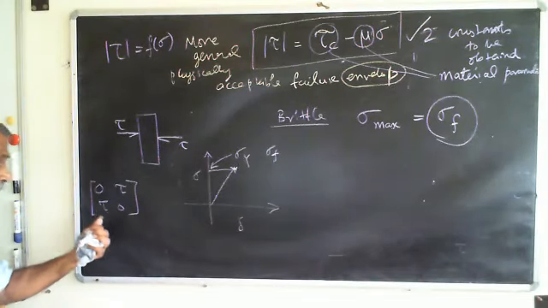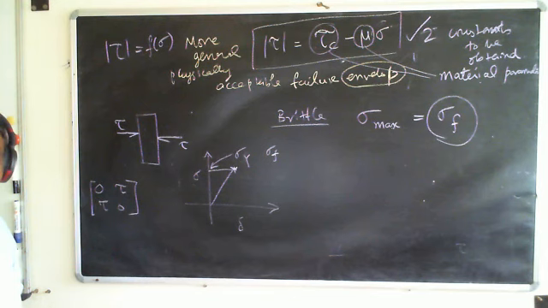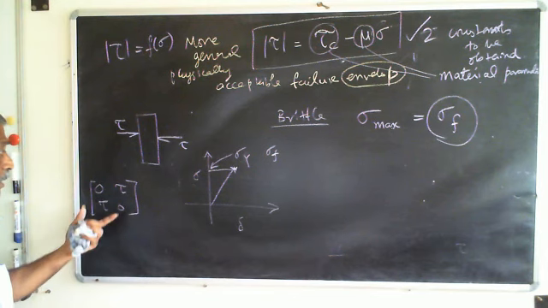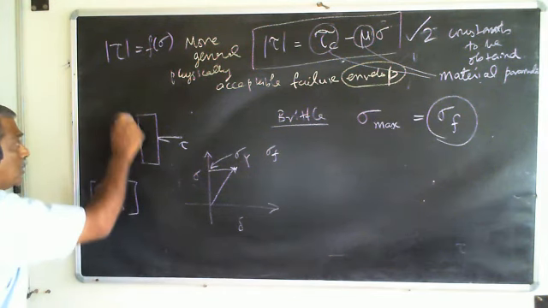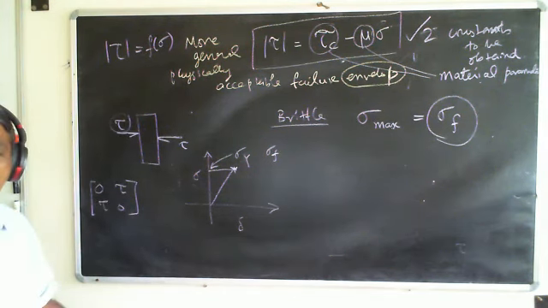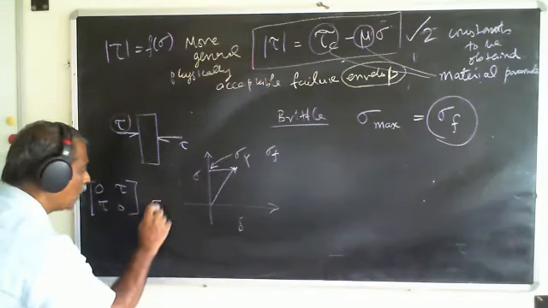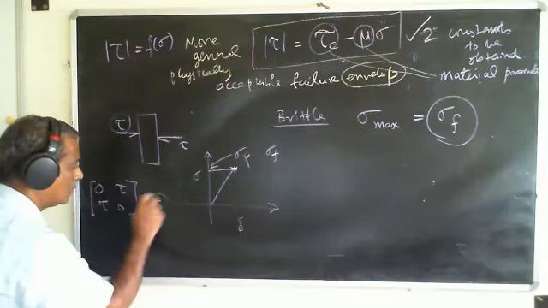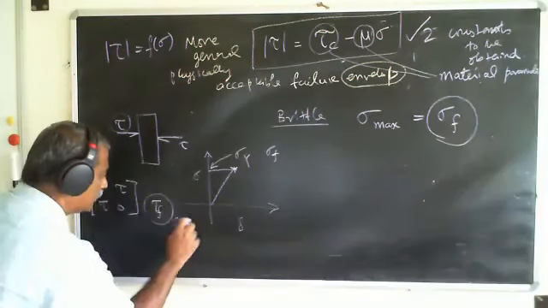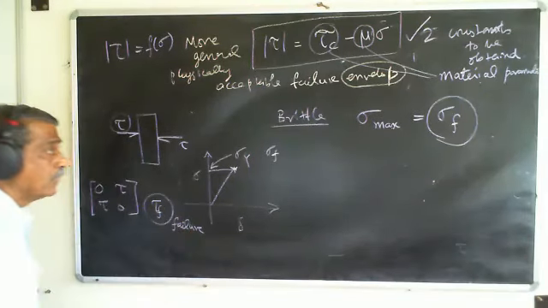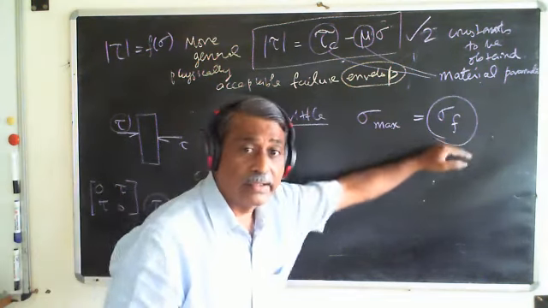Listen to me carefully. This is the stress state. Now I ask the question: at what value of the shear will the breaking occur? So I do the experiment and I find that at tau f, failure occurs.